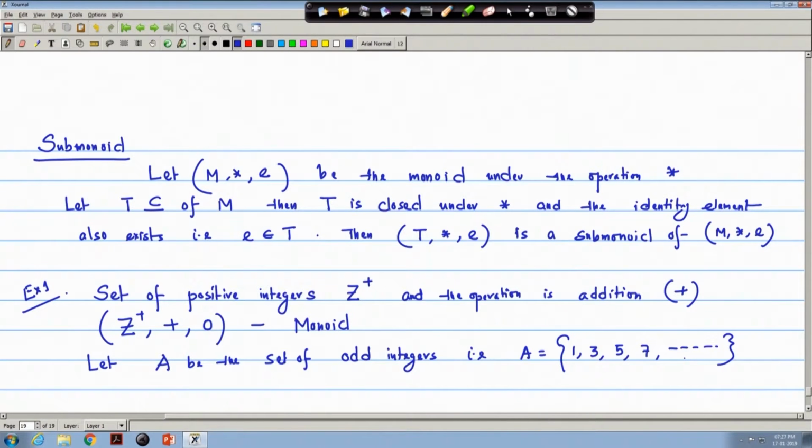So, A is a subset of Z plus, the set of all odd positive integers.